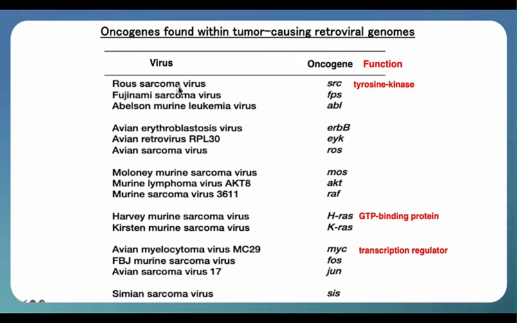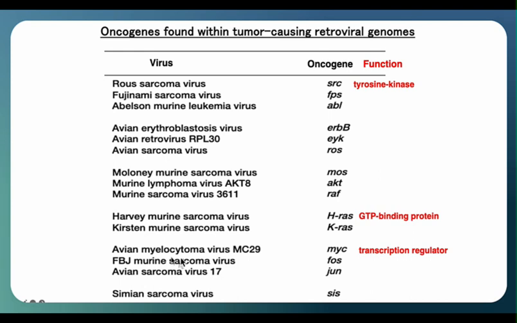This is the Rous sarcoma virus I mentioned earlier. It contained a gene called src, which is now known to encode a tyrosine kinase. In the case of Harvey murine sarcoma virus, it has the Ras oncogene, which is known to be a GTP-binding protein.